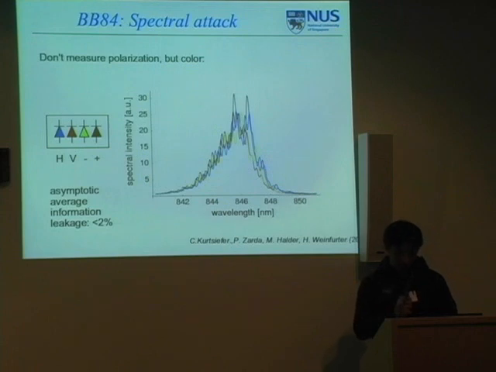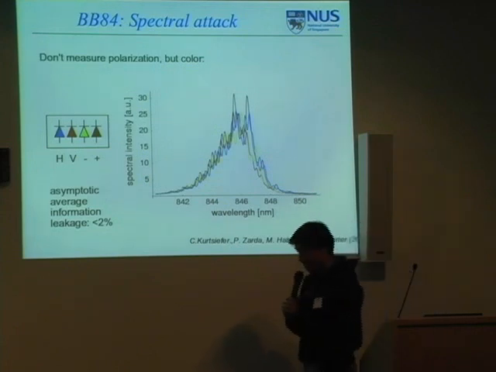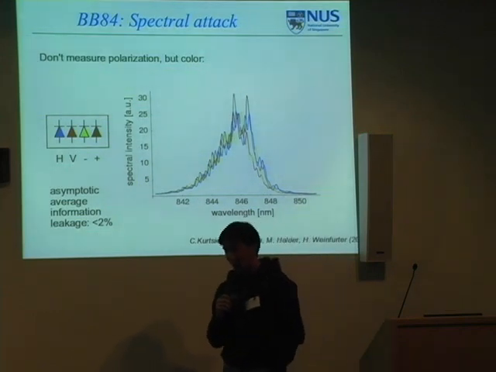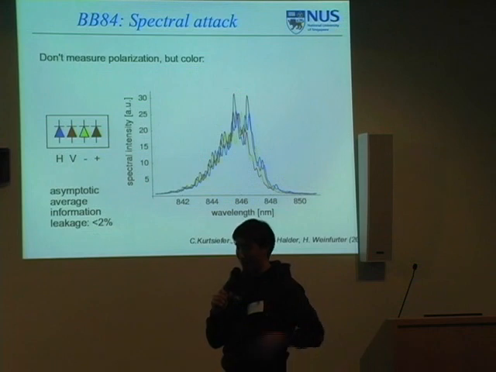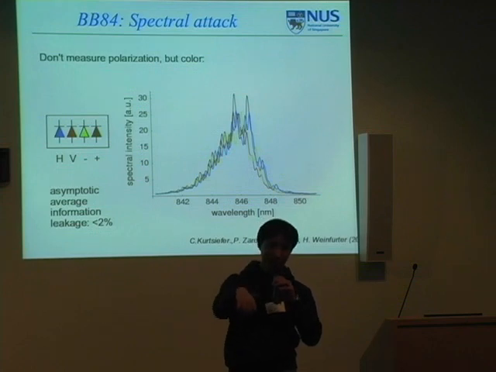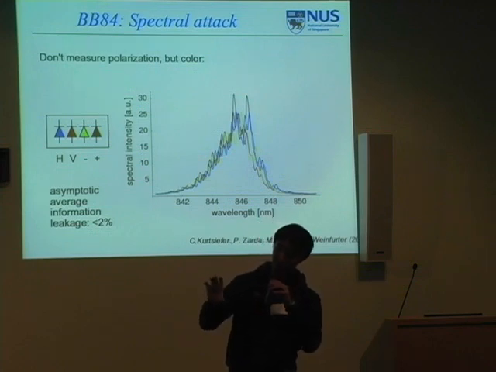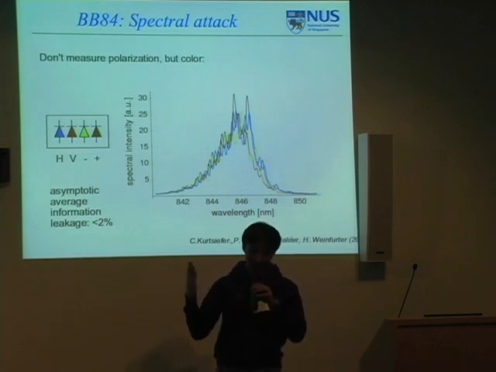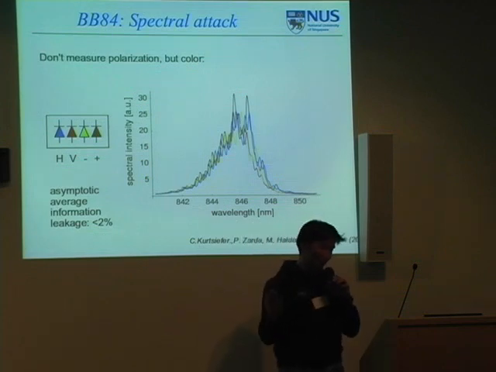Now let's take a break from there and talk about another way to try and attack quantum key distribution. Remember that I said one of the nice ways to implement the 4 polarization states was to choose 4 laser diodes and just physically rotate them so that the light coming out has different polarizations.